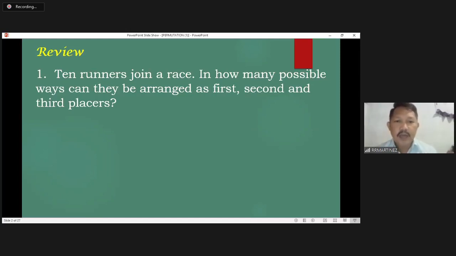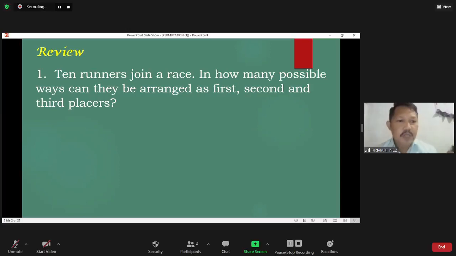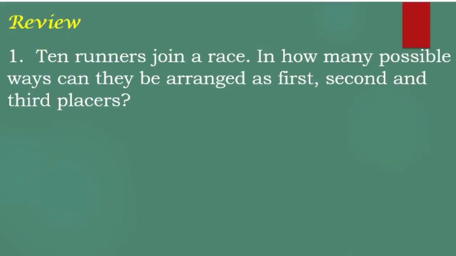Actually, class, you can answer it by way of permutation or fundamental counting principle. Okay, to answer this, we have 10 times 9 times 8 equals 720.